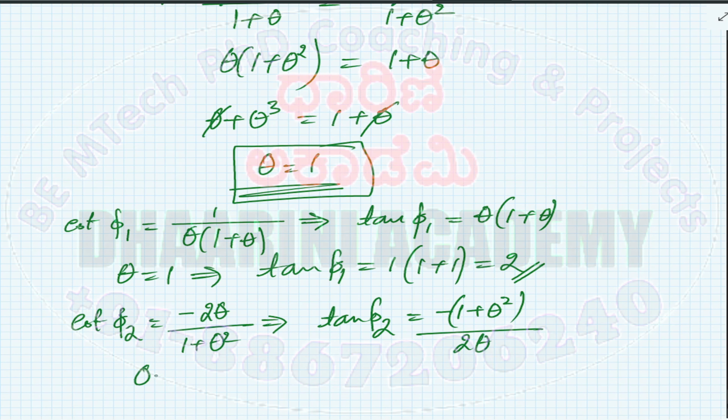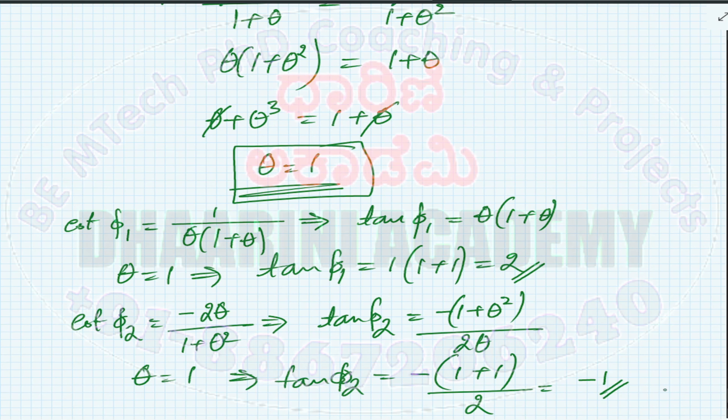So now I already know that theta is equal to 1 at the intersection point. So calculate tan phi 2. Tan phi 2 is minus of 1 plus 1 whole divided by 2. So numerator is 2, denominator is 2, and minus is there, so this is minus 1.